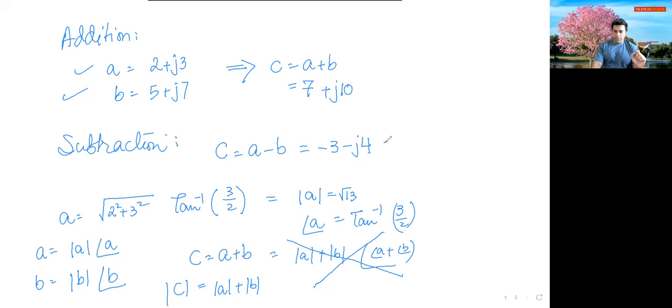So if I convert this into polar form, I will have the square root of -3 squared plus -4 squared, and arctan of -4 over -3. And remember, I told you to be careful about this because this is located in the third quadrant on the complex plane.